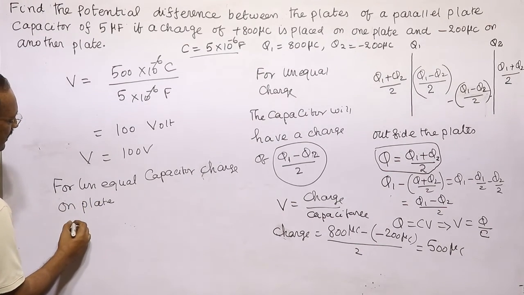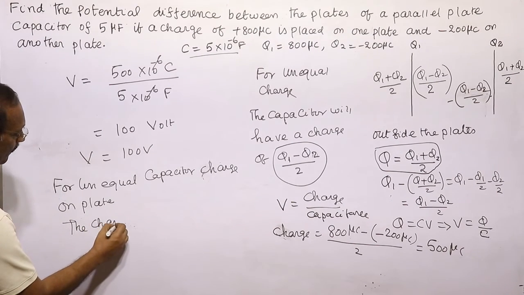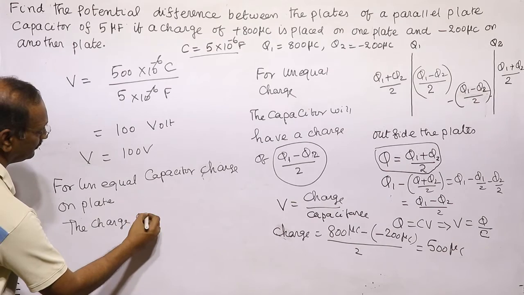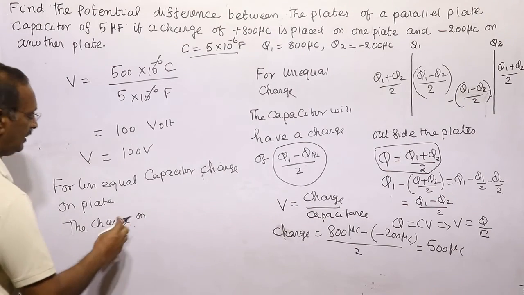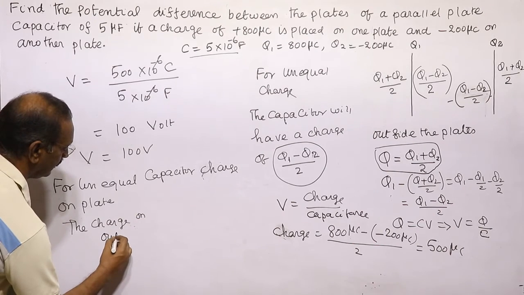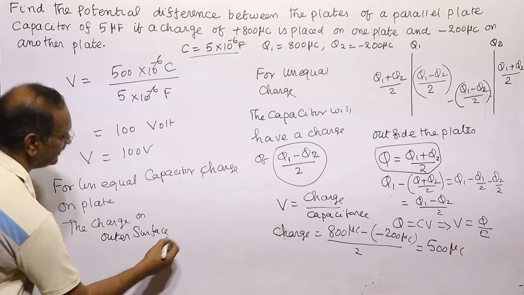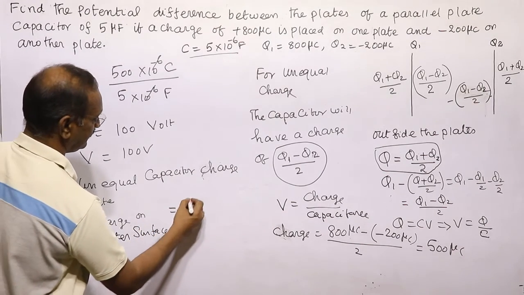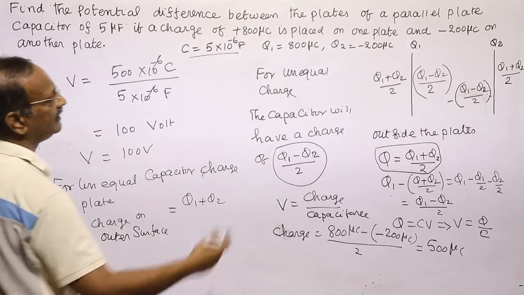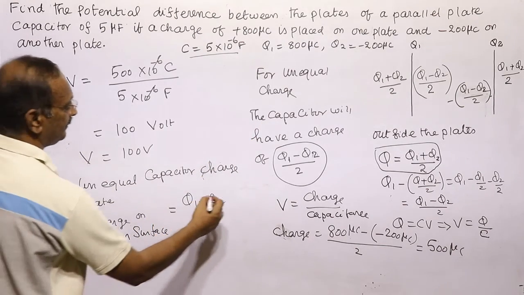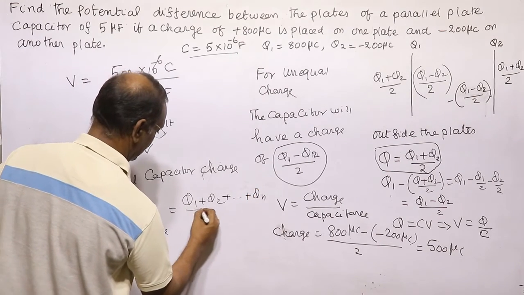See the charge on the outer surface. If there are n number of plates, add all the charges up to plus Qn and divide by 2.